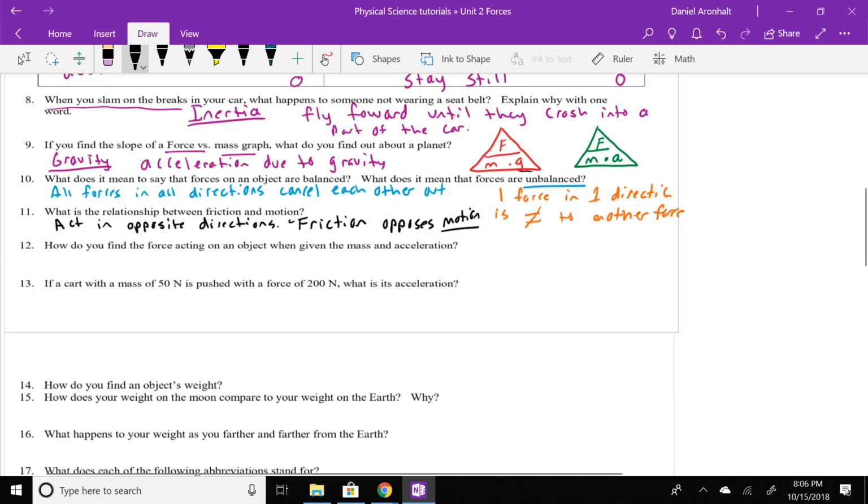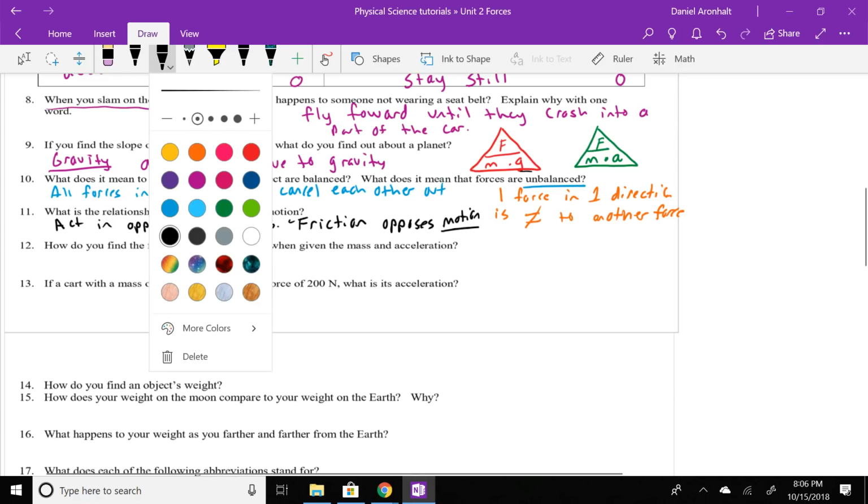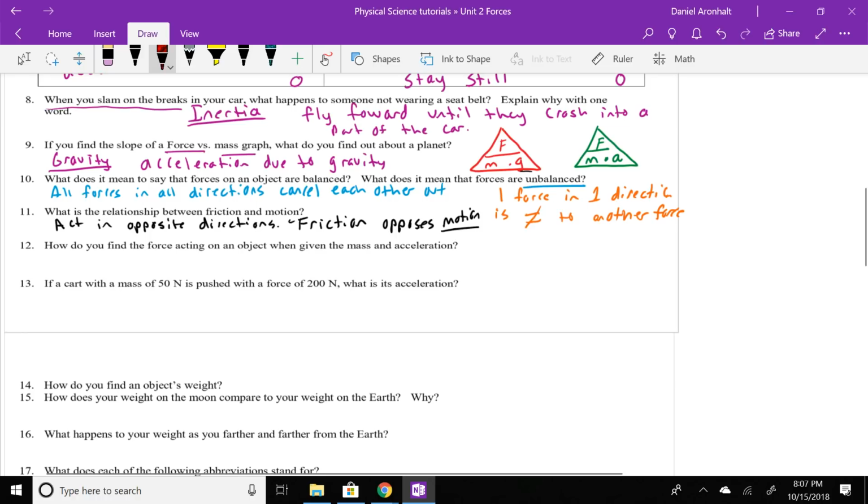So question number 12, how do you find the force acting on an object when given the mass and acceleration? This is asking you for the equation. So let's look over here. It wants force, so our unknown is force. When we're given mass and acceleration, it wants to know force.